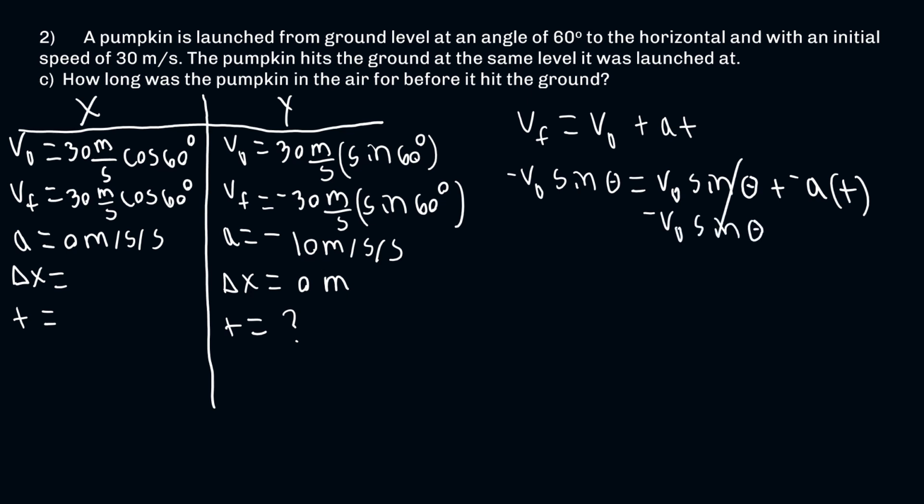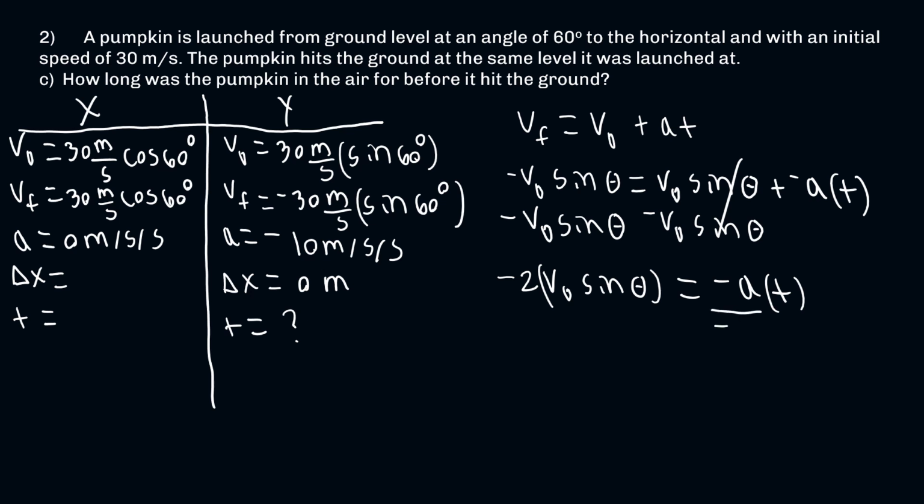So that's going to cancel out over here. I'm going to end up being left with, on the left side, negative 2 times v naught sine theta is equal to negative a times t. So the last step, in order to get t by itself, is that it's being multiplied by negative a.